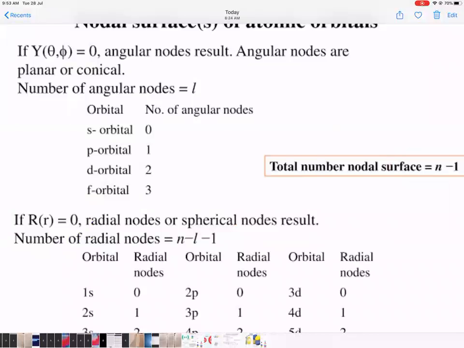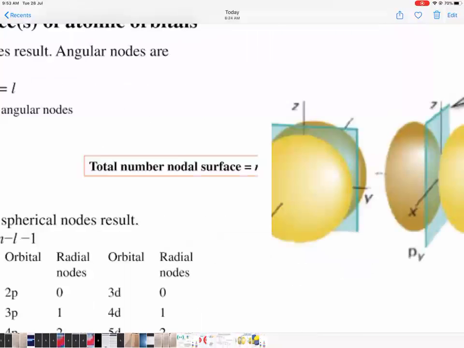The number of angular nodes is equal to the L value. So the s orbital has 0 angular nodes. The s orbital is spherical, so at any angle you will find something. The p orbital will have one angular node.